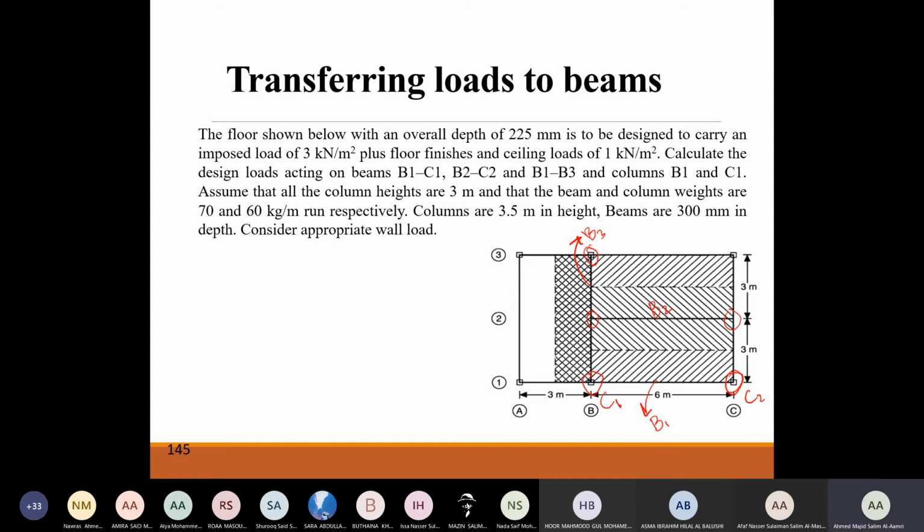20. Okay, so 20. Can you calculate for me the weight for 1 meter? Can you calculate for me the loading for 1 meter height? 20, 24.